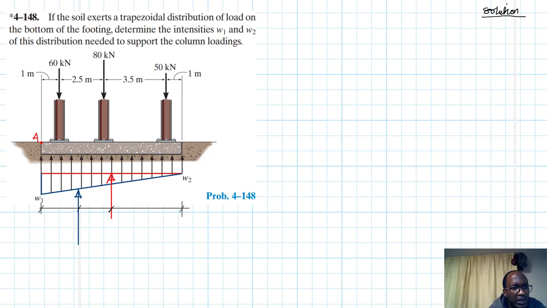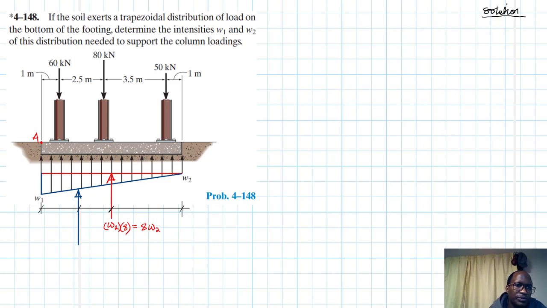The whole length is 8. So this is equal to W2, the intensity, times the length 8, which gives us 8W2.